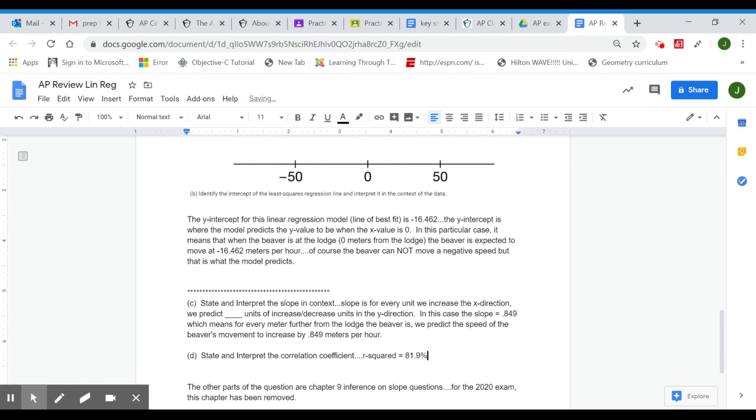I'm going to write that because it's usually a percentage. So R equals the square root of 0.819. Now, it's positive because the slope is positive. While you're doing your work, it really should say plus or minus, usually it's plus or minus the square root of that. Now we choose positive. It is positive because the slope is positive.